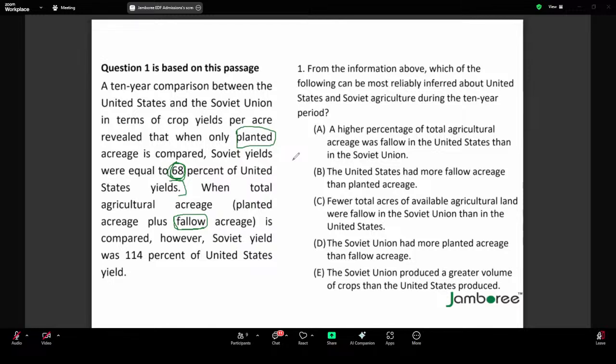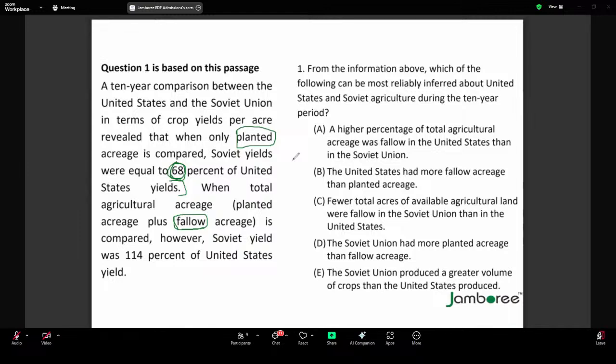So when you're growing something, the US growth is far, far superior per acre. Just remember, they're using the term per acre. Now, interestingly, when we add both planted and unplanted land, then the Soviet Union turns out on top.